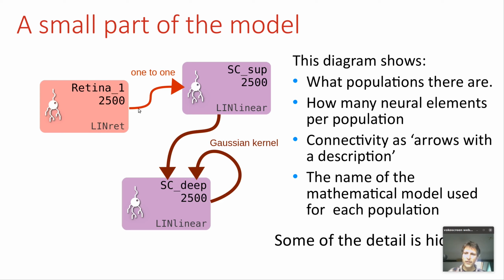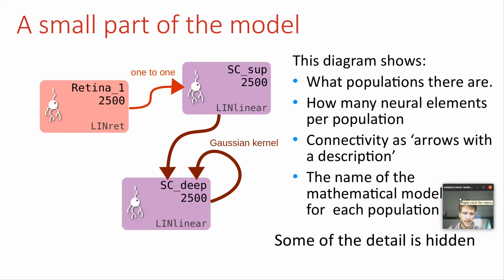And then the arrows with a description of the connectivity pattern tell you how one population connects to another or to itself. That's a recurrent connection there.